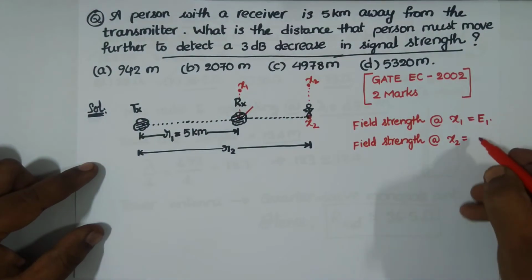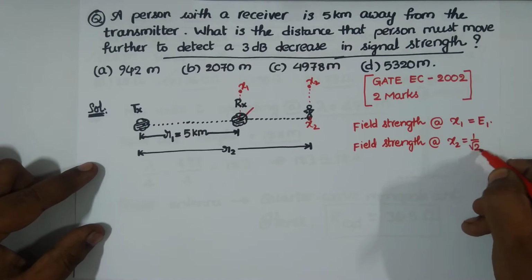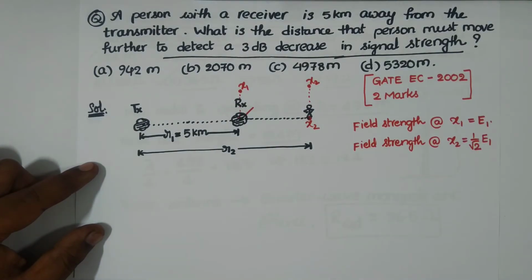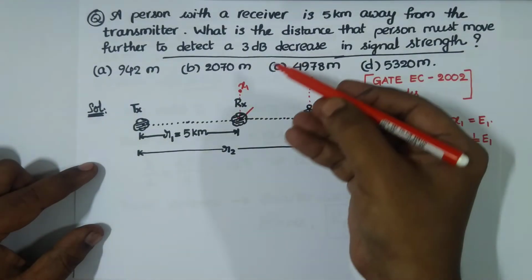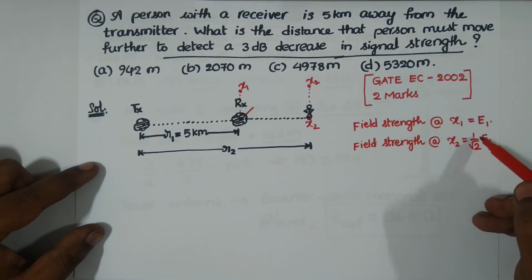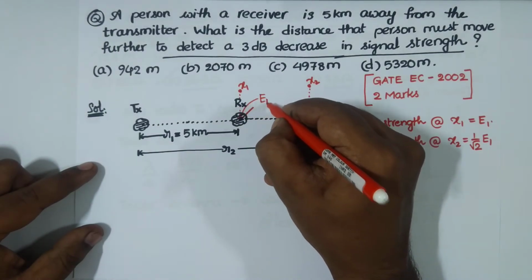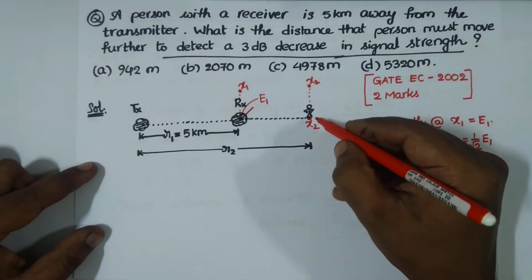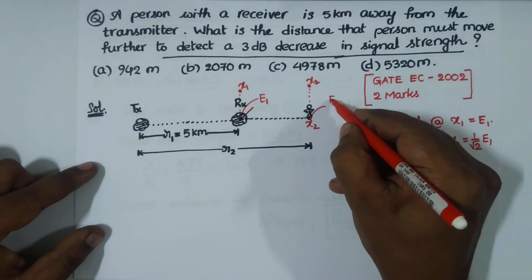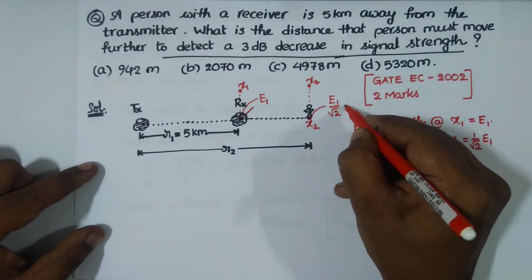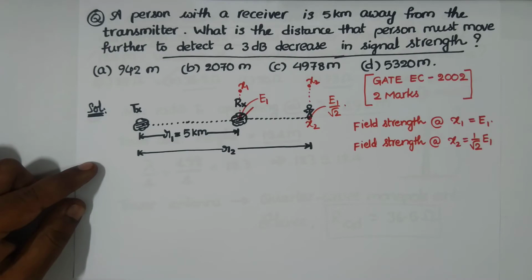So therefore it is 1 by root 2 of E1. Yes or not? A 3 dB decrease means 1 by root 2 of the maximum value. Here we have signal strength as E1, field strength. Now here we have field strength as E1 over square root of 2.